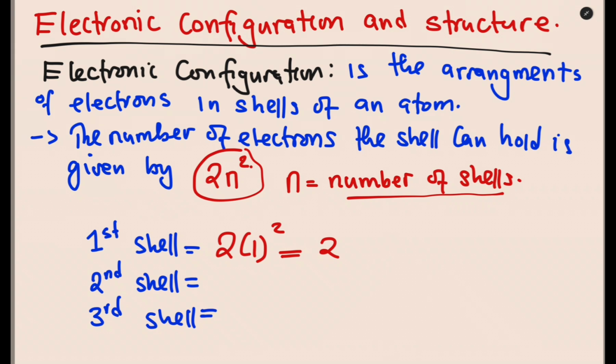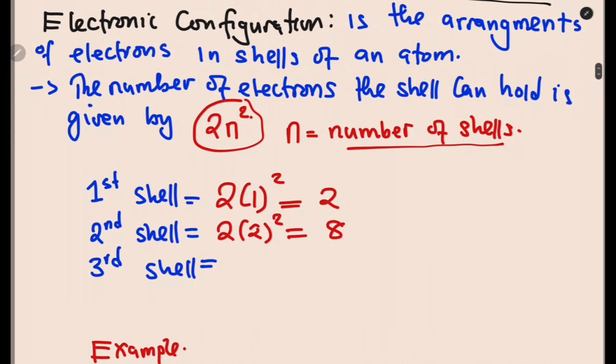As you are assigning electrons, make sure that in the first shell you have 2 electrons. Then in the second shell, the shell number is 2, so 2 squared is 4, and 4 multiplied by 2 gives you 8. So in the second shell, you should put 8 electrons. Then for the third one, you are going to say 2 times 3 squared.